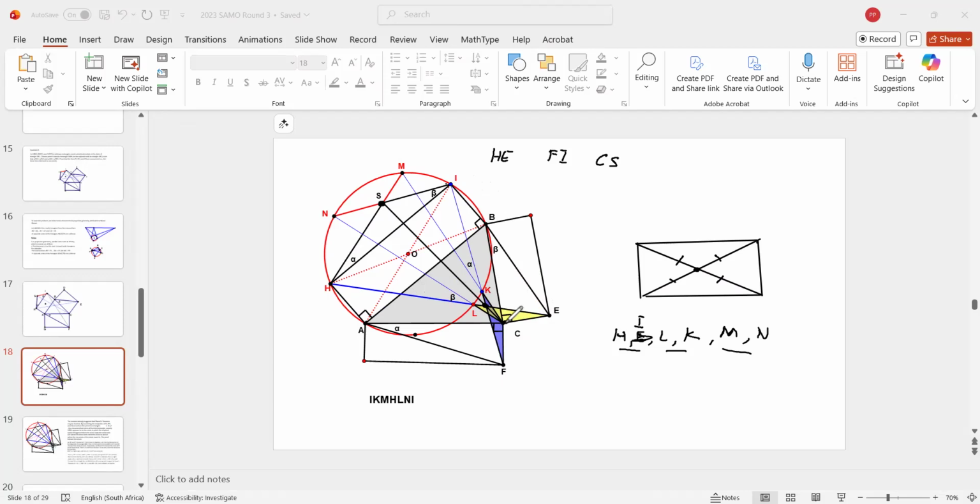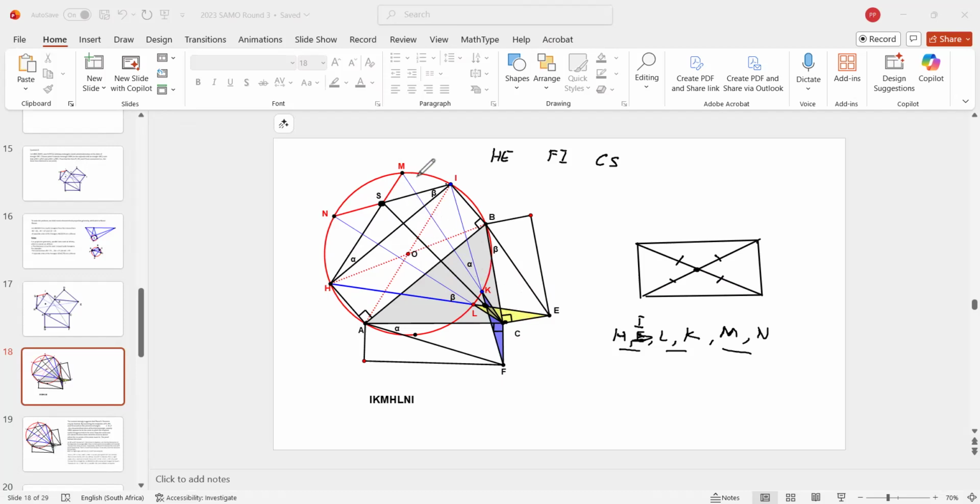Now you've got a third one, which is C, but the only problem here is that C, S, we don't know whether this is a straight line. See, so what we have to do is we look at CKM.